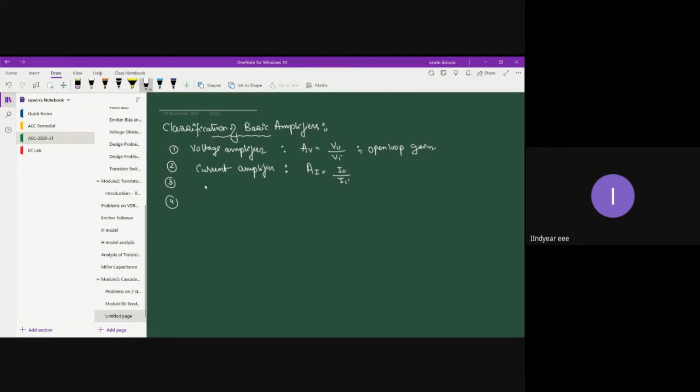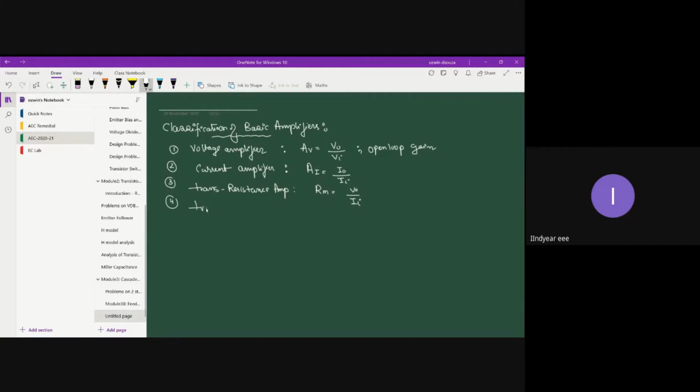And then we have transresistance amplifier, which is taken as RM, resistance is V by I ratio. So output entity is voltage, input entity is current.